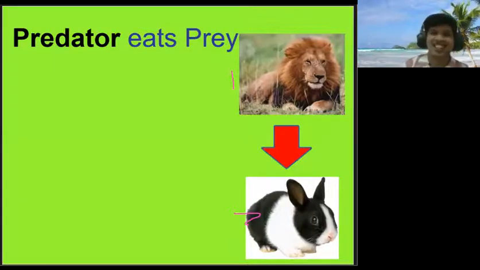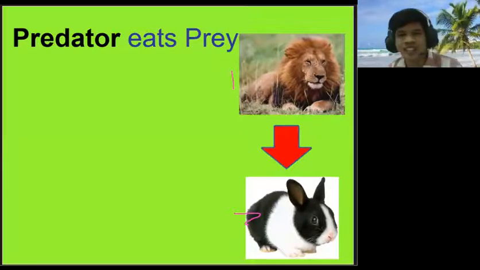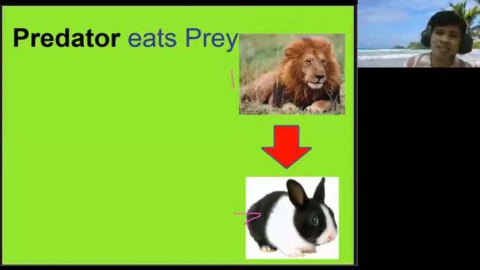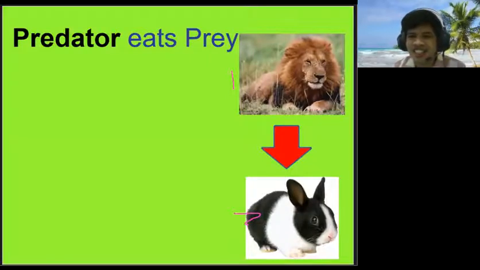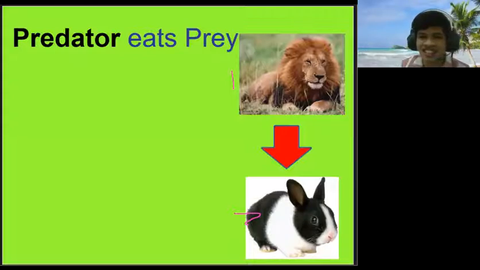Okay, so the lion is the predator. And which one is the prey? What's this cute animal here? What do you call this? That is the prey. All right, that's a rabbit.